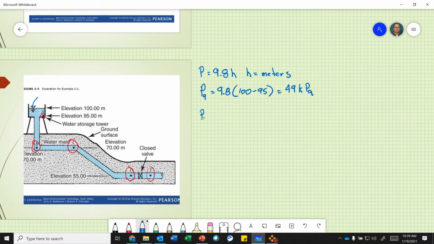So the pressure at point B equals 9.8 times, we start at elevation 100, and then we go all the way down. This is a continuous surface. There's no valves or anything. Continuous all the way down to elevation 70 meters. So that's 30 meters. Okay, so 9.8 times 30, so that's 294 kPa.